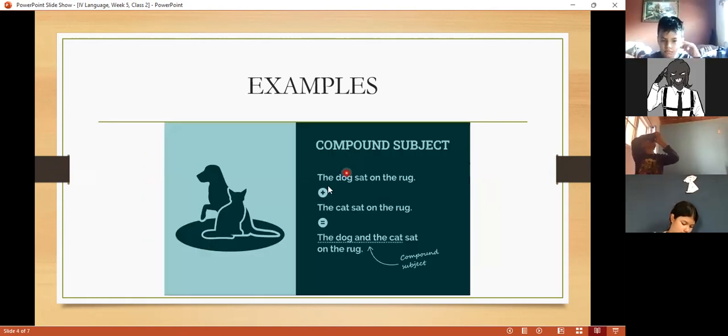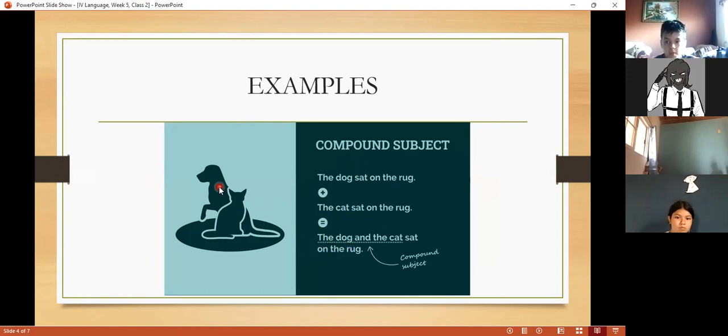Now, compound subject, another example. The dog sat on the rug. Look at this. We have a dog sat on the rug. But also it says the cat sat on the rug. You see, there is a cat here. If this is like an addition, the dog sat on the rug plus the cat sat on the rug, it's equal to having one sentence.